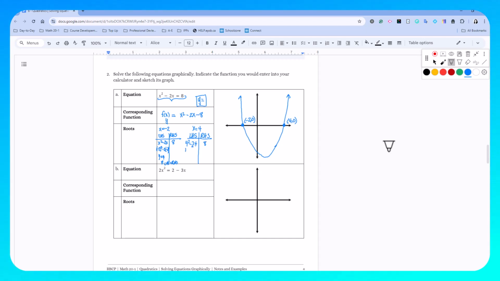Well, 4 squared is 16, minus 2 times 4 is 8. Well, we got 8 there, and we got 8 there. So again, we verified that the left-hand side equals the right-hand side. So these roots make the solutions for this equation.